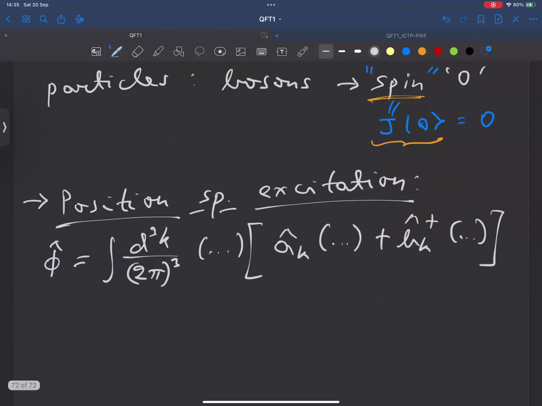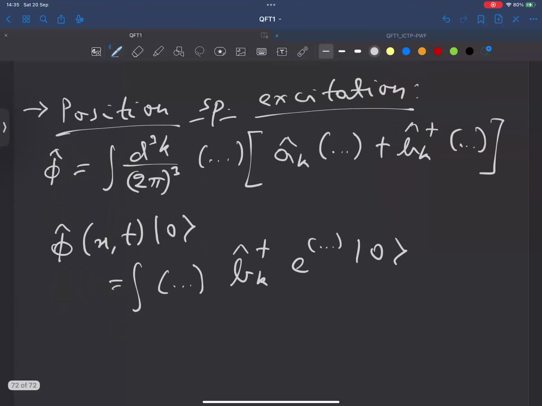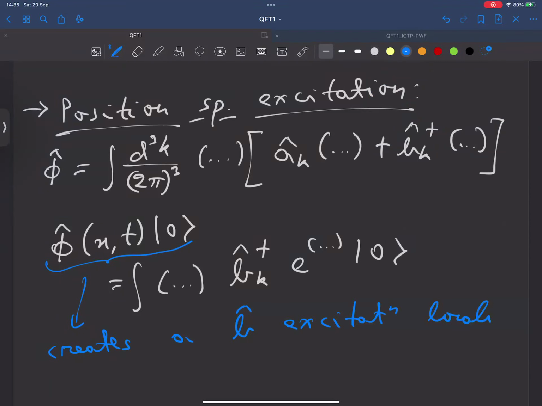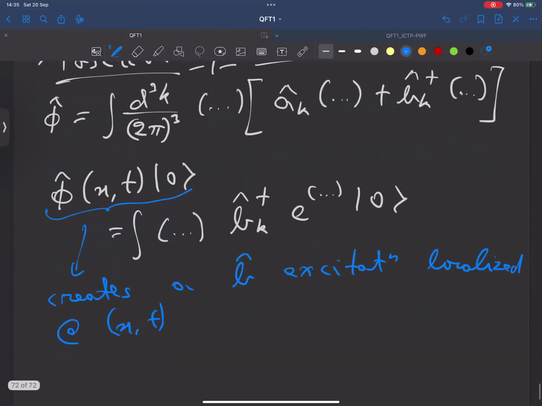Now we can just act it on the state, and that will give us again the same momentum factors, but the interesting structure that emerges is an exponential acting on 0. What this does is create a B excitation localized at the position x, t.